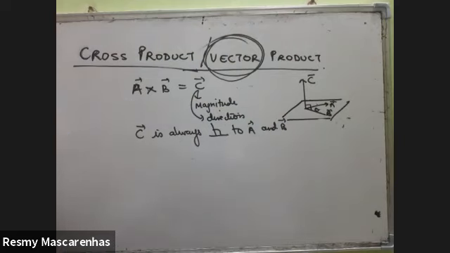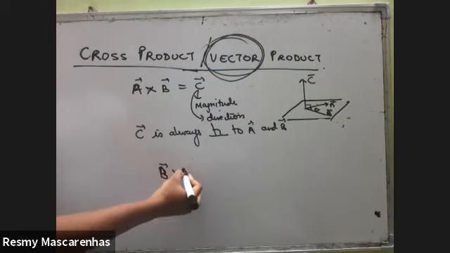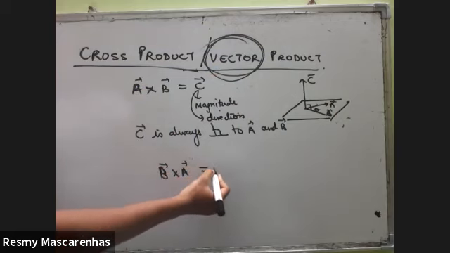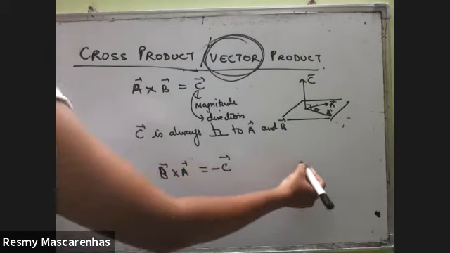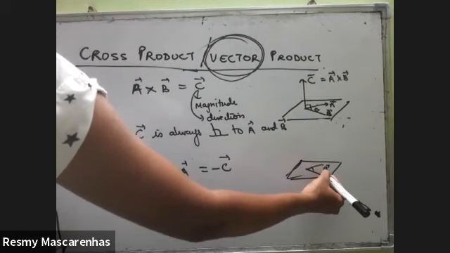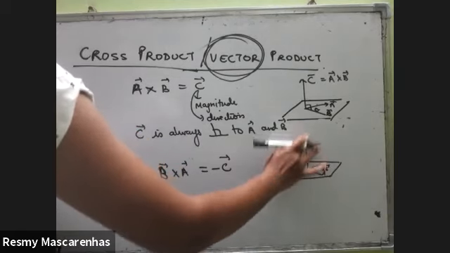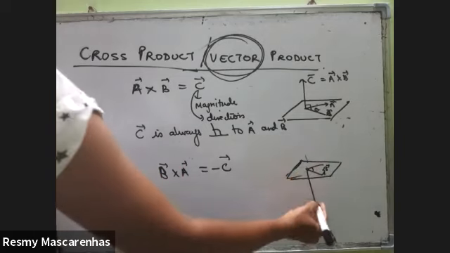Same way, if I want to find it the other way around, ulta, if I want to find B bar cross A bar, then it will always be in the opposite direction. So this is A bar cross B bar. For the same vectors, if I want to find B bar cross A bar, the vector will always be ulta.